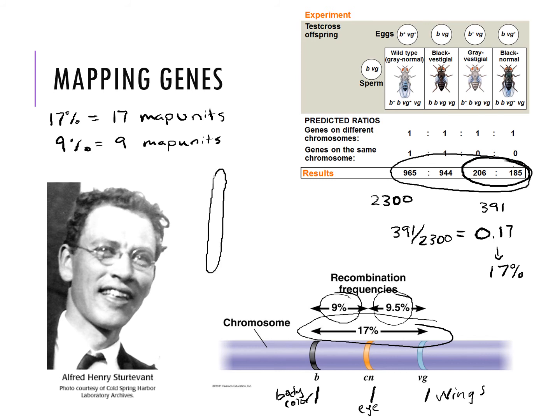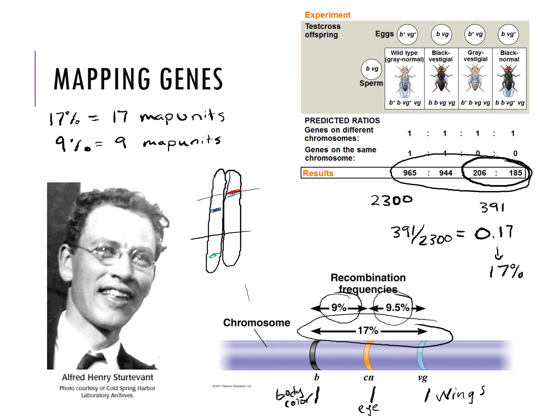Because if we have homologous chromosomes here, and I'm following two genes, so maybe I've got a gene here, and I've got another gene right here, okay? They're right next to each other. The likelihood that we would have crossing over happen right here is highly unlikely, right? Conversely, if we were following two genes and maybe we have one gene here and the other gene is here, the chance that crossing over happens somewhere in between them is going to be a lot higher, okay?